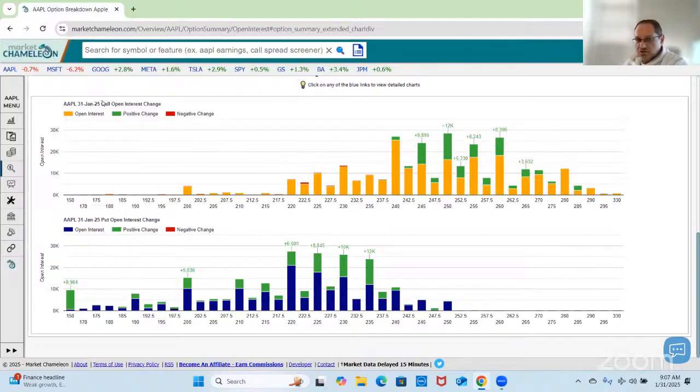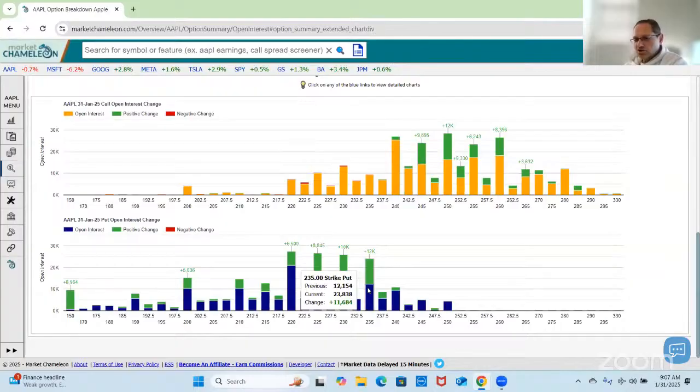Keep in mind, we're looking at the January 31st expiration. And these bars here are stacked. The total bar tells us the amount of open interest on that strike in the calls. The graph below tells us the total open interest by strike in the puts.